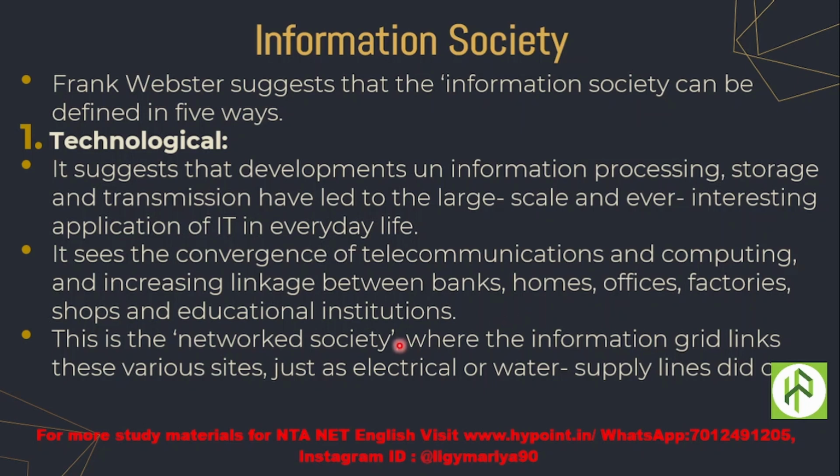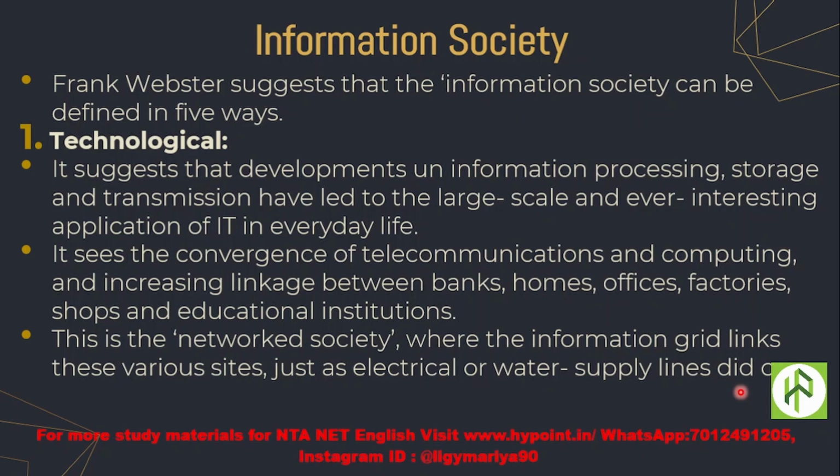We are using IT and the internet so extensively that our society has become a networked society, where the information grid links these various sites, as electrical or water supply lines once did. Just like electrical and water supplies linked a community, the networked society, the information grids, the networks, the internet link things together.